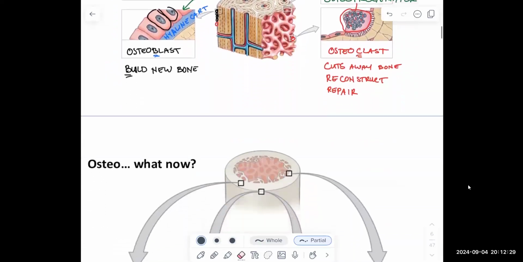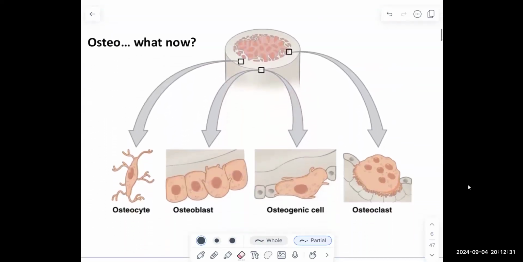Oh, shoot. This is how your book shows it. I told myself use this slide, not the other one. My bad. Okay. But look at where they're found. That's what this is showing. Osteocytes are found inside the compact bone.